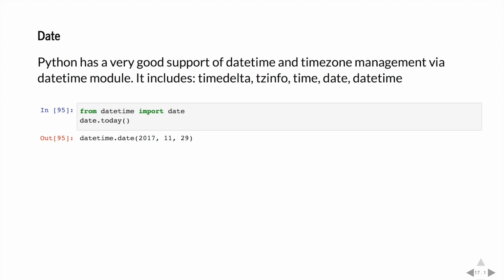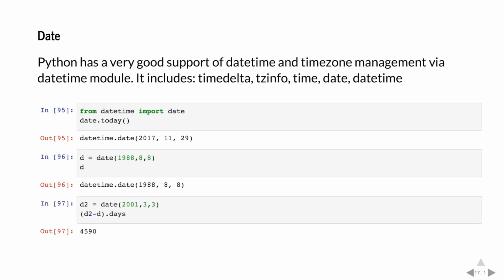For the date class, you have a class method called today. It will return today. If you want a new date, you just call date and put year, then month, and day. It will return the date for you.